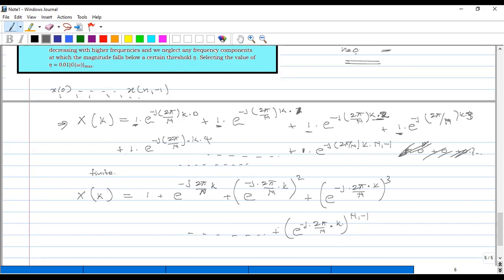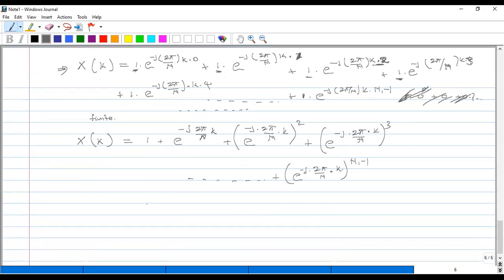So you will have this kind of power series, but it is a finite power series. And the number of points are n1. So you will have n1 components.